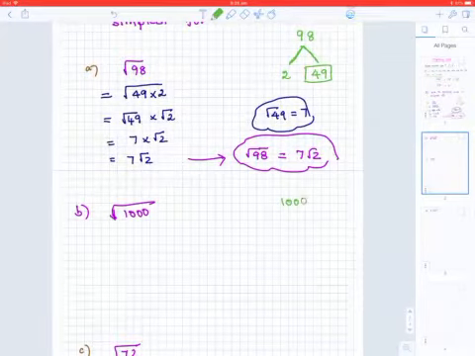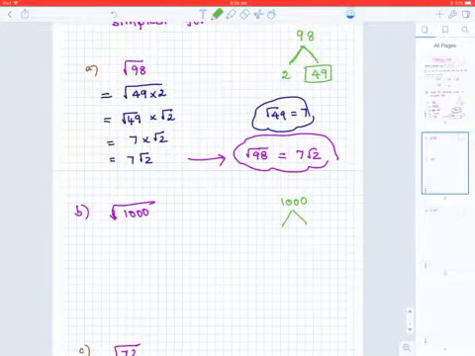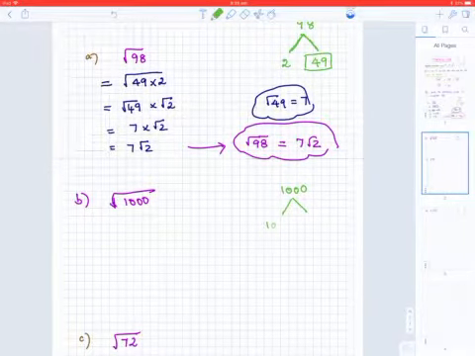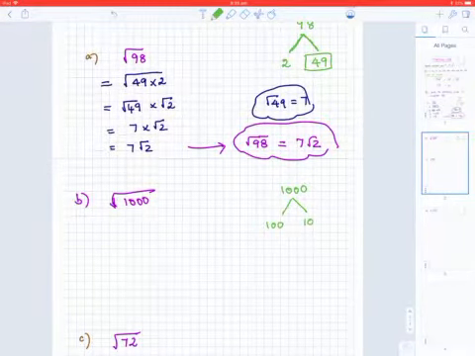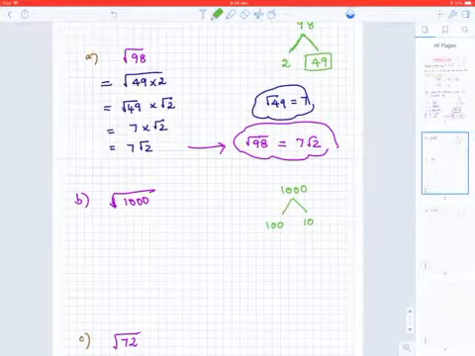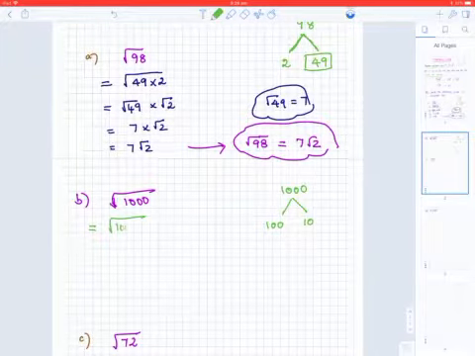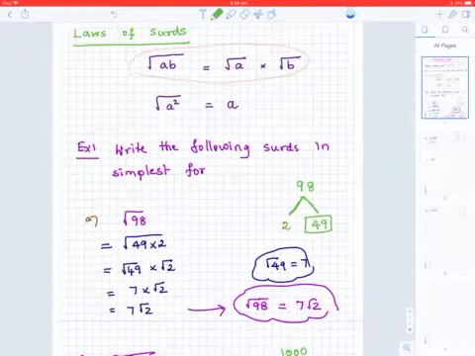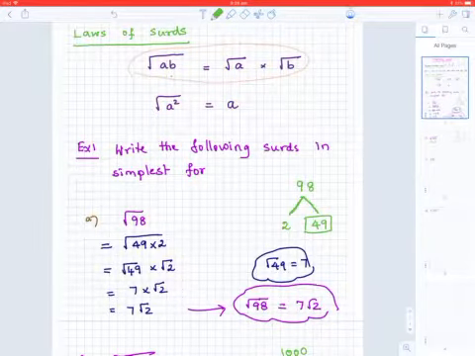So obviously we are going to write 1000 as a product of two numbers and one of them is a square number. The square number that goes into 1000 is 100. So you can write 1000 as 100 times 10.